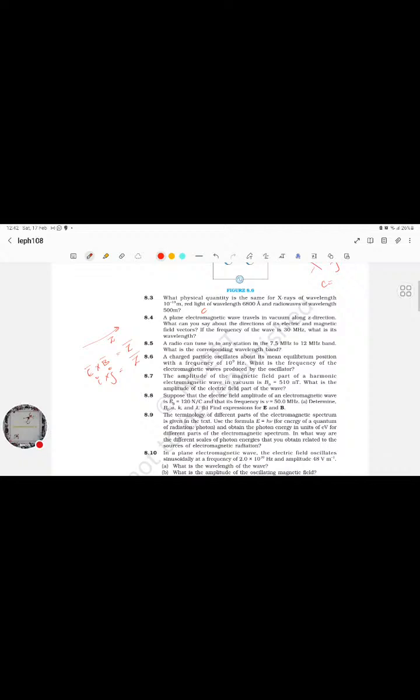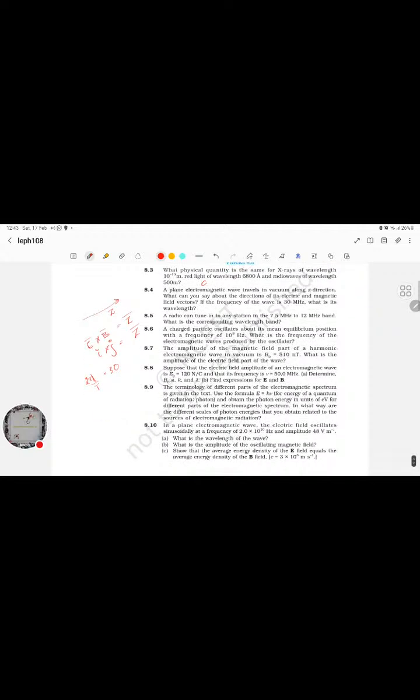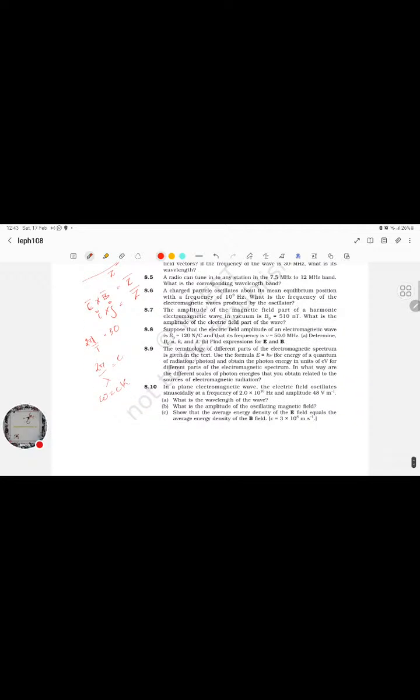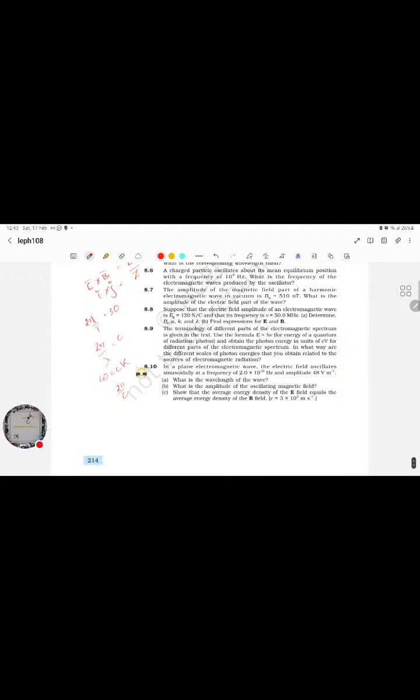The frequency of the wave is 30. Frequency is 1 by time period. So 2 pi by T is given. 2 pi by lambda is k and omega equals ck. So if I have to find the wavelength, it should be 2 pi by... I think I can substitute c over here.